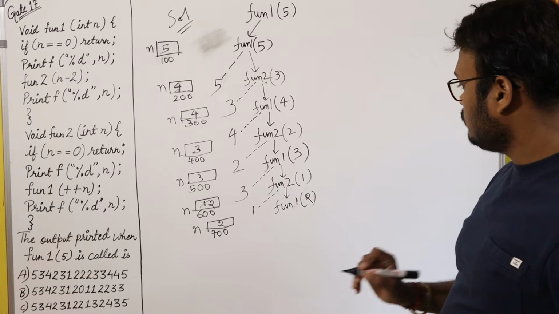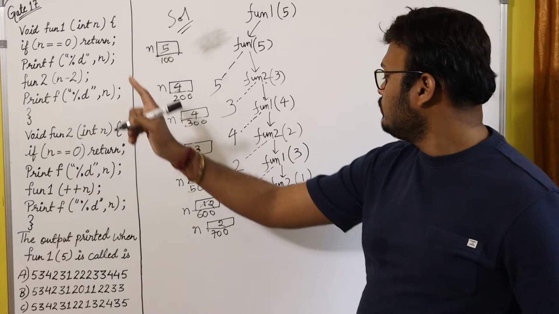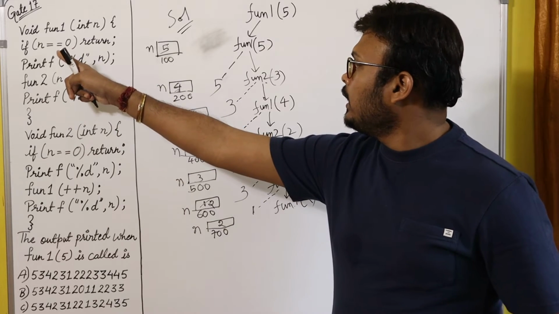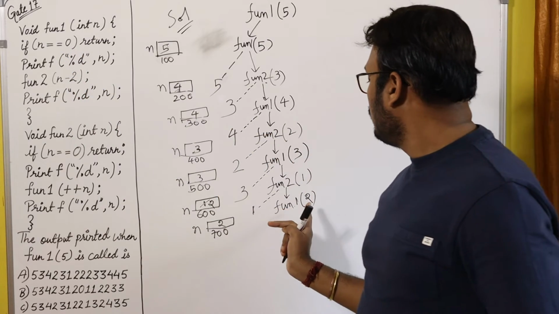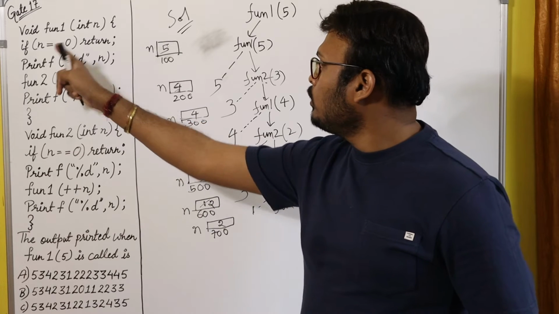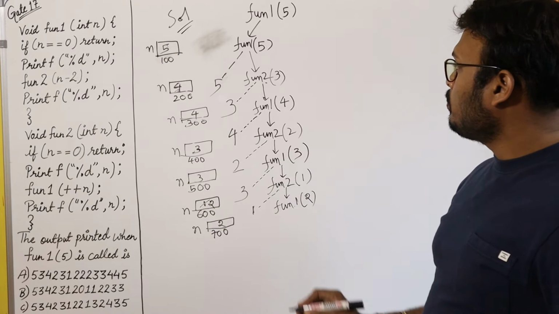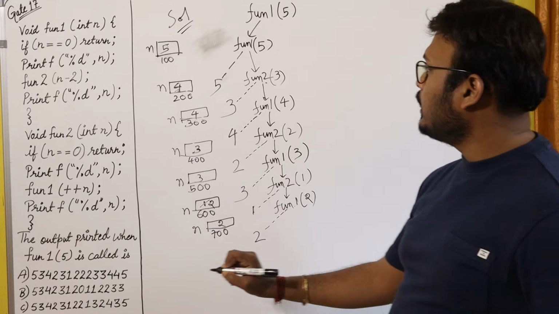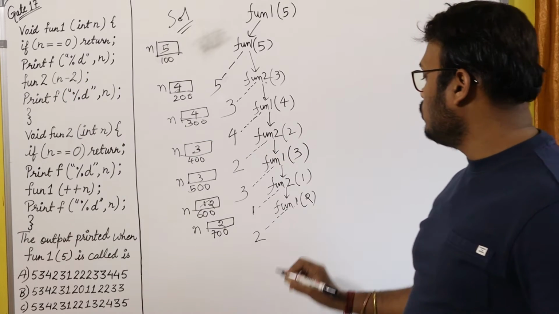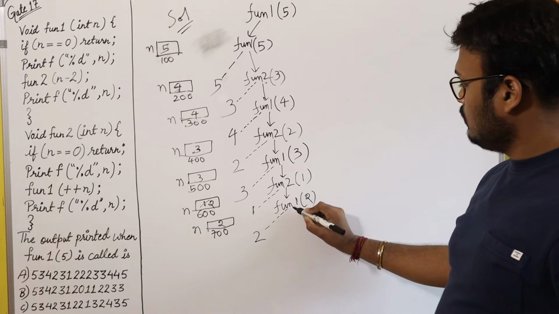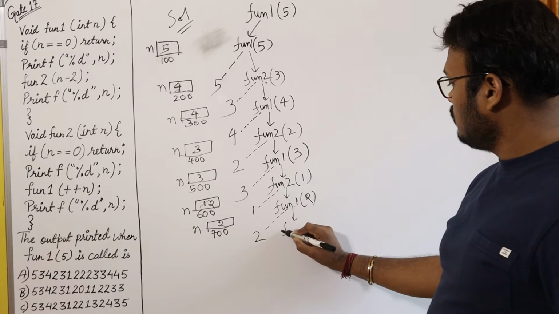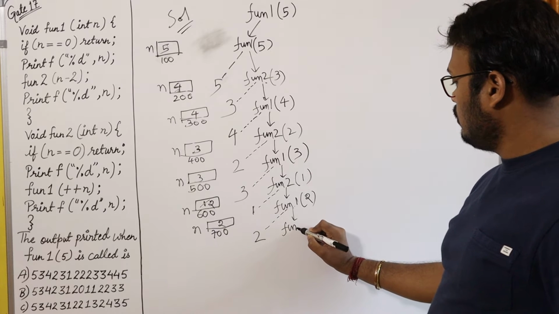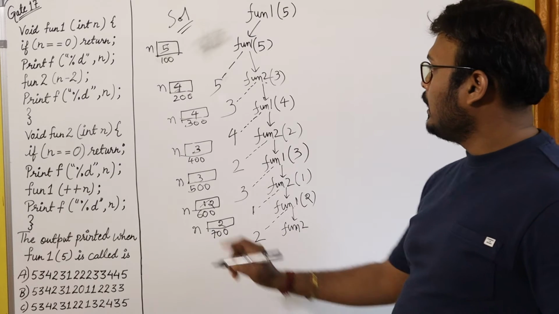Now for fun1 of 2, n equal to 0? N means 2 equal to 0? No. So printf n, so 2 will be printed. Now fun2 of n minus 2.